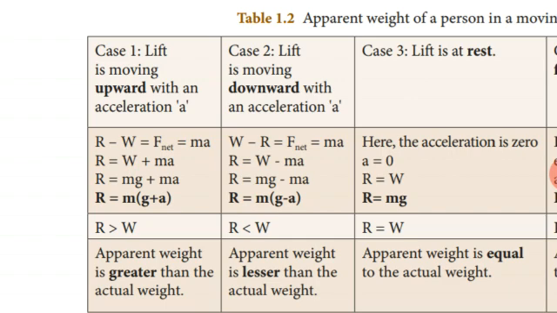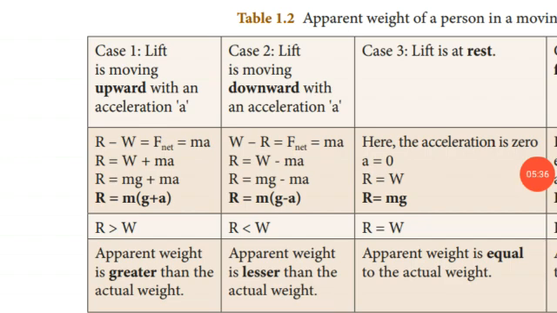R minus W equal to ma. R equal to W plus ma. W is equal to mg. We substitute this value in the above equation. R equal to mg plus ma. Then take the m outside, means R, the reaction force exerted by the lift surface, R equal to m into g plus a.